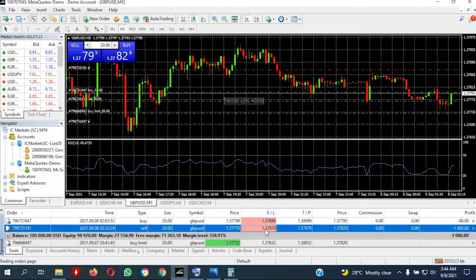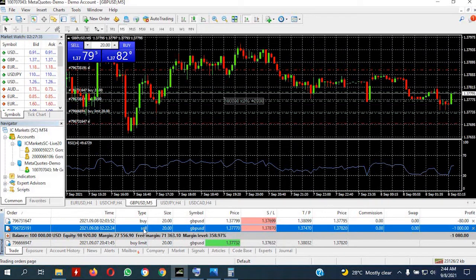Stop loss for this one 1.37870, 100 pip above the current price, which is 1.37770 price. This is where I bought the currency at in order to sell it back at a cheaper price.